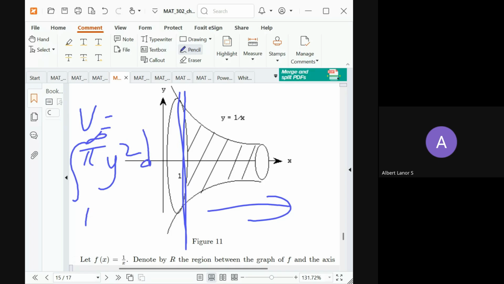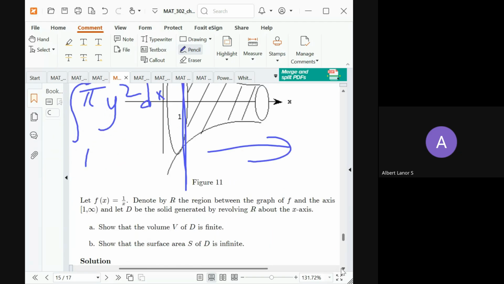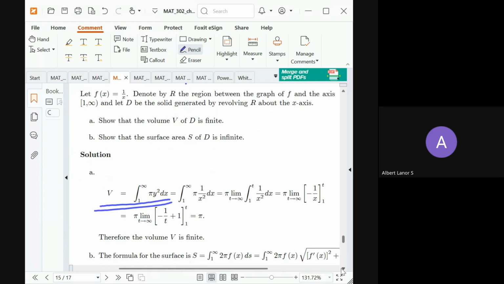We're going to integrate it with respect to x. Now, clearly, we're going to have this as required. So you have pi times 1 over x squared.